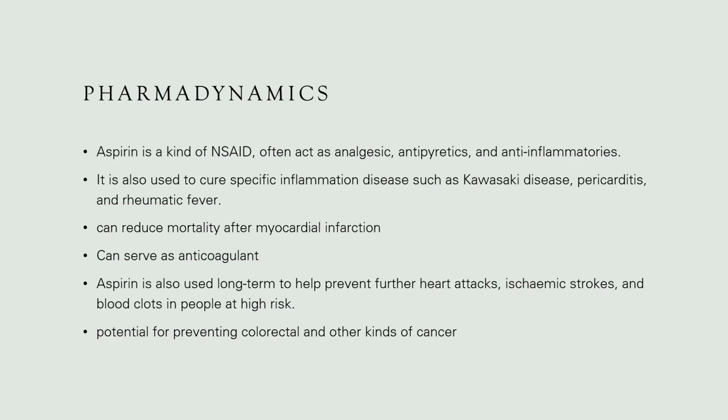Results of various studies suggest that there are beneficial effects of long-term aspirin use in the prevention of several types of cancer, including stomach, colorectal, pancreatic, and liver cancers. However, the research is ongoing.